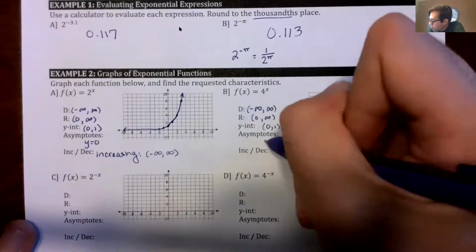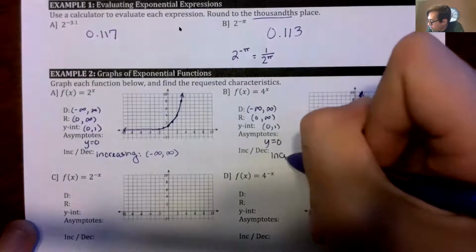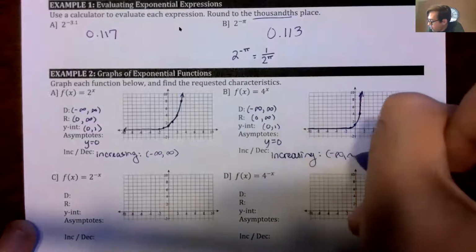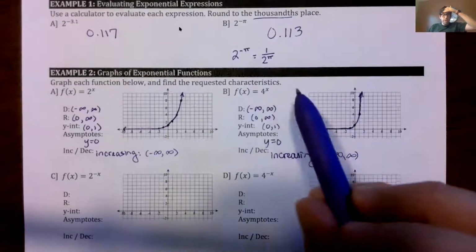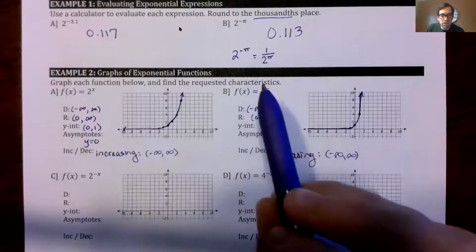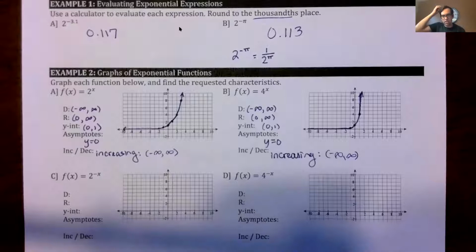Our asymptote is still y = 0. And we're still increasing for the whole domain. So even though we changed the base, we changed how fast we grow, but we didn't change the domain, the range, the y-intercept, the asymptote, or whether we're increasing or decreasing, okay?